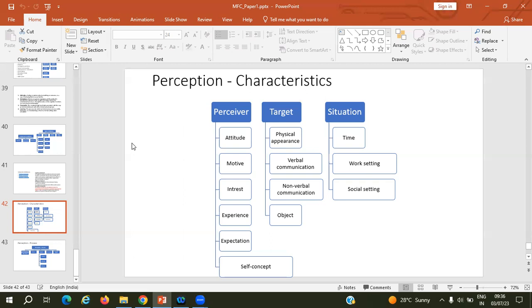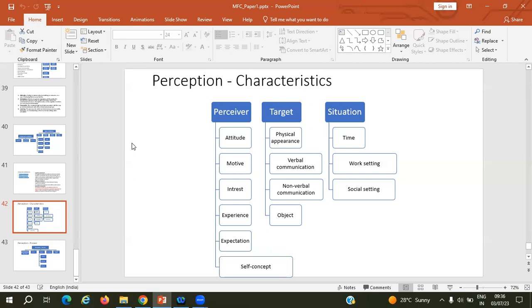So after seeing all these things, one person will have a different perception of me. So that is social setting. Based on the society, how I am behaving, maybe that person is not good, so I am behaving good. It doesn't mean that my behavior is that. So social setting will drive the perception.